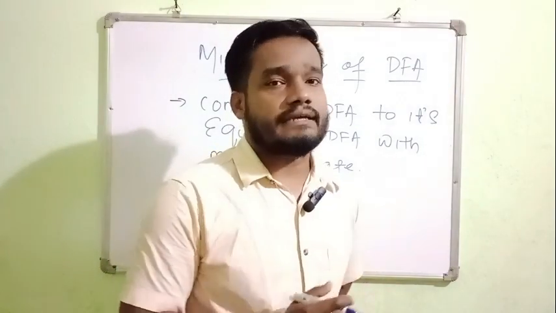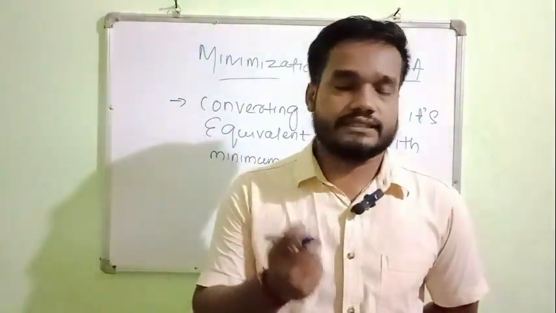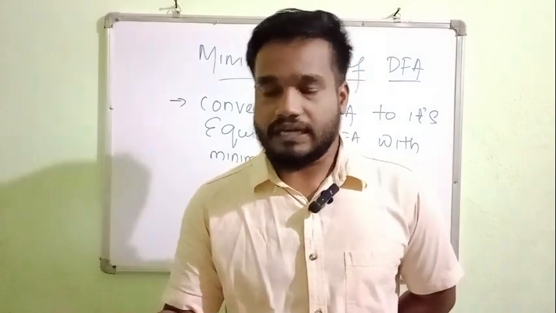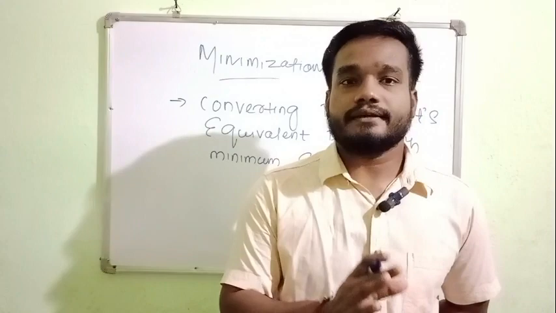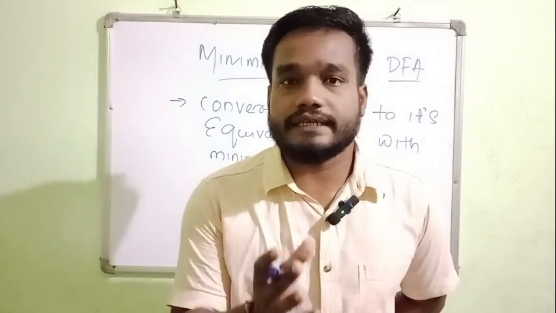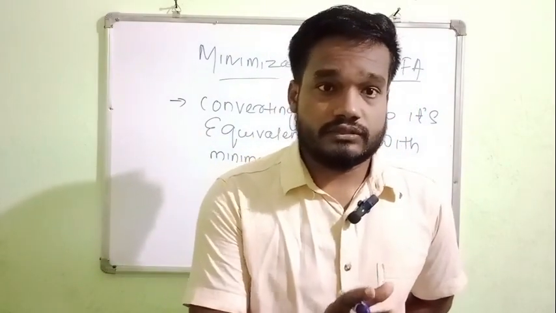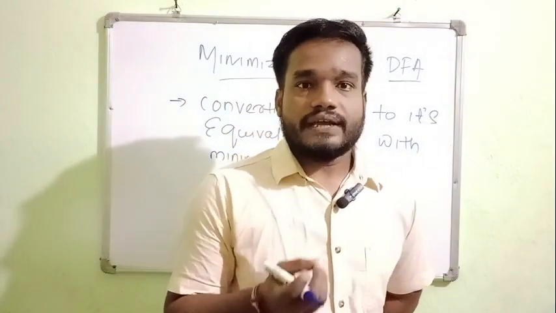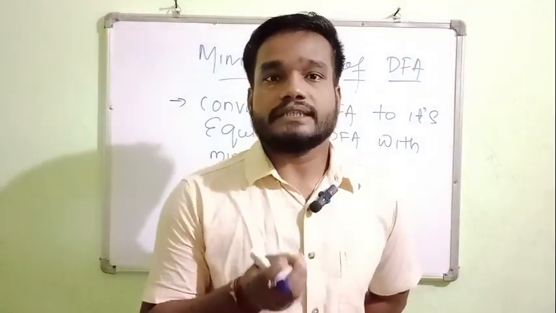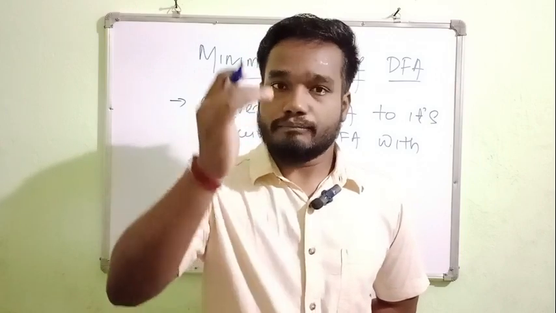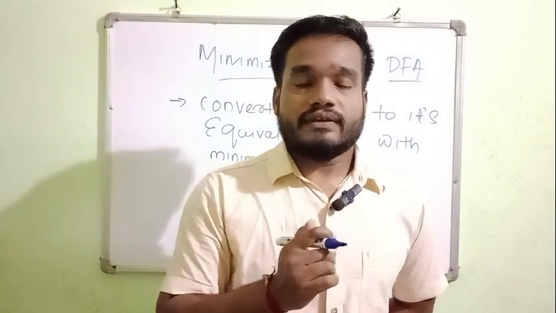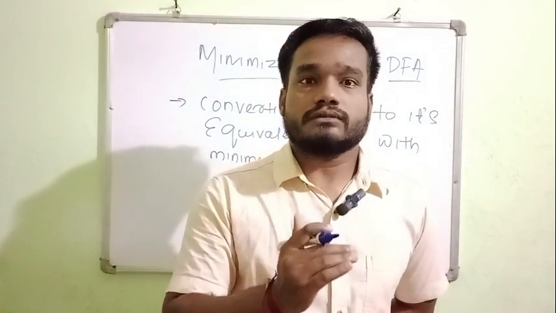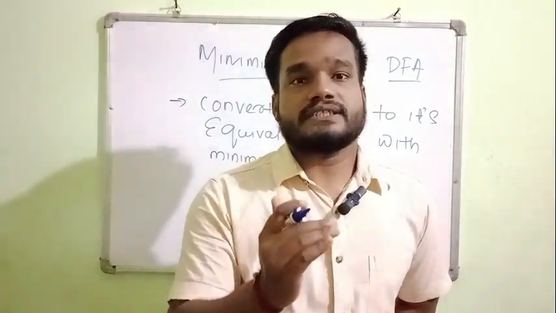Suppose the first DFA has 7 states. When we minimize it to 5 states, the functionality of the DFA will never change. We minimize the DFA because then the transition table will be minimum, and when the transition table calculation is minimum, it is easy and concise to learn.